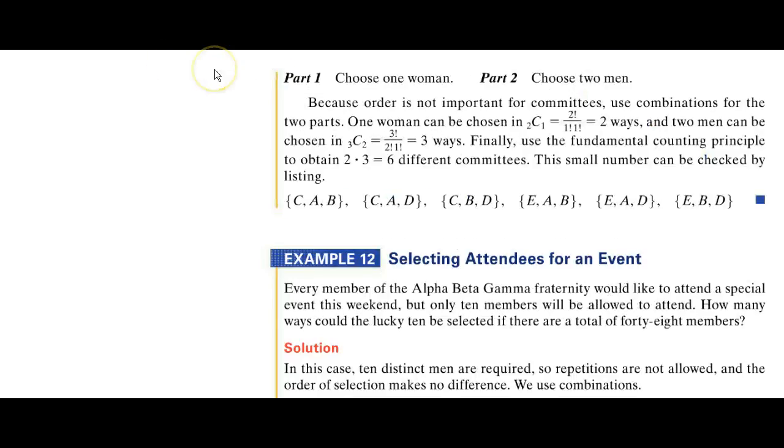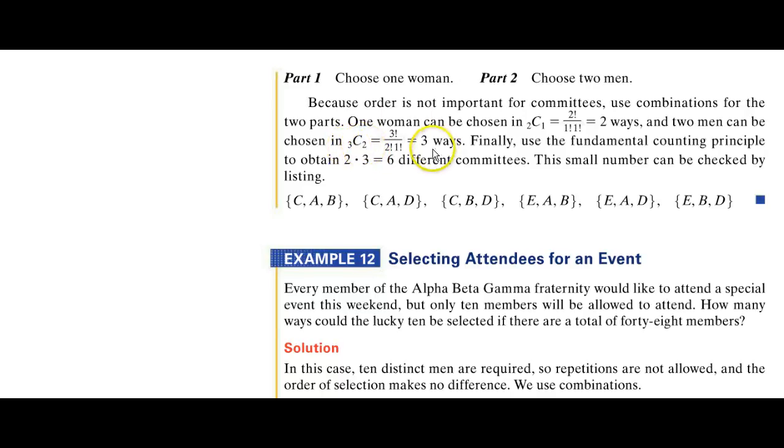So in the first part, order is not important. Let's go over here to our first part, actually. We have 2 women. 1 is to be selected. So there are 2 ways. Once that is done, we now have the 3 men, and 2 of them are selected.